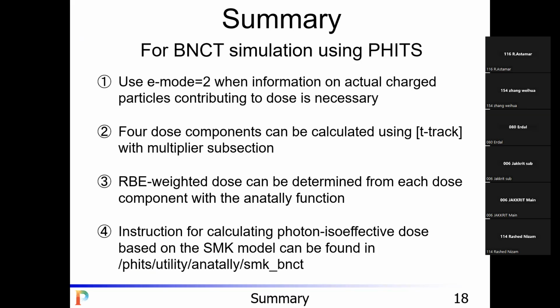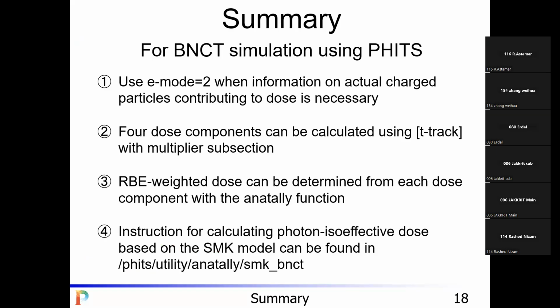Okay, so I would like to summarize this lecture. For BNCT simulation using FITS, use E mode equal to 2 when information of the actual charged particle contributing to dose is necessary.